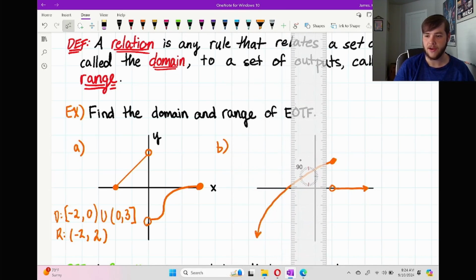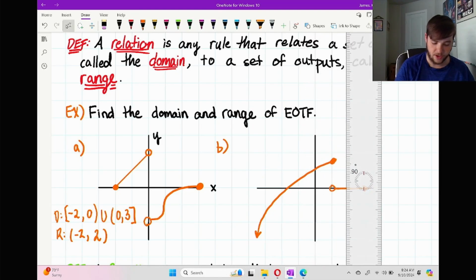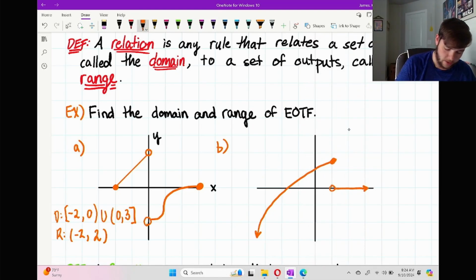Here I have to think about it for a second, but notice I've got this closed circle up top, so it's still part of the domain. And then I keep going forever and ever. It looks like all real numbers are included, or in interval notation, -infinity to infinity.